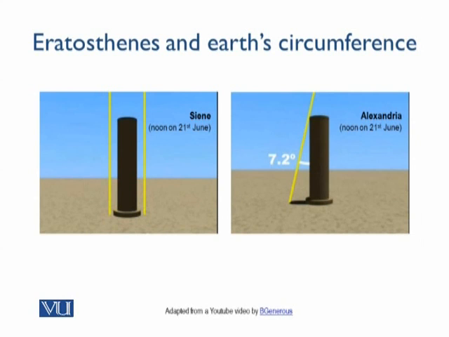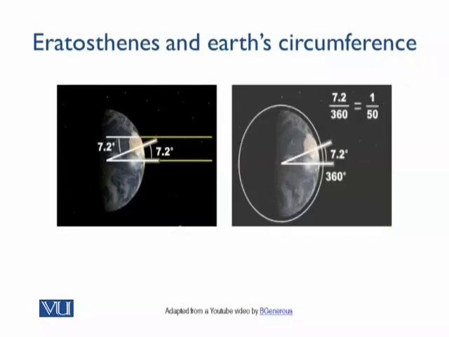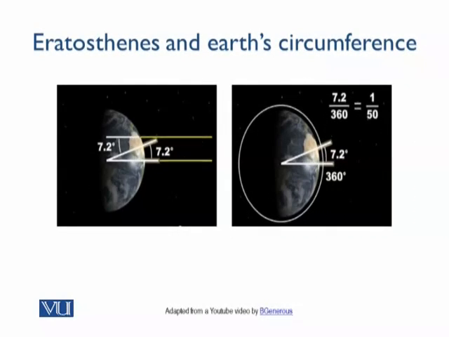So he extrapolated using rules of geometry that the angle between the two sticks, if we were to take it to the center of Earth, was actually 7.2 degrees. So from that, he understood that 7.2 degrees is 1/50th of 360 degrees, which is the entire angle if you were to make an entire circle.